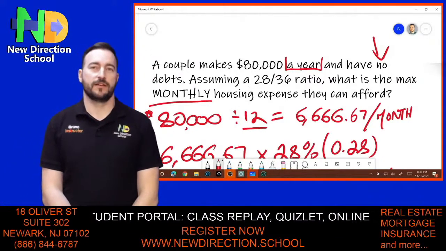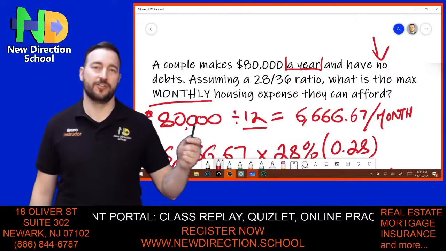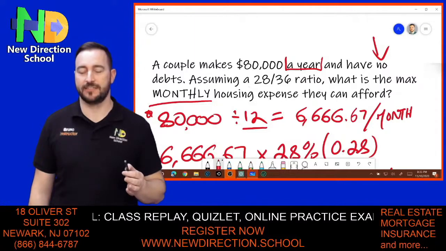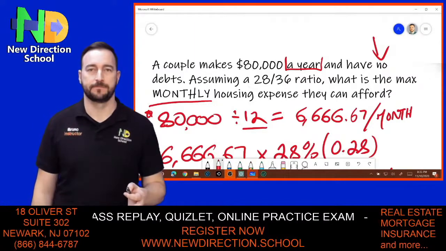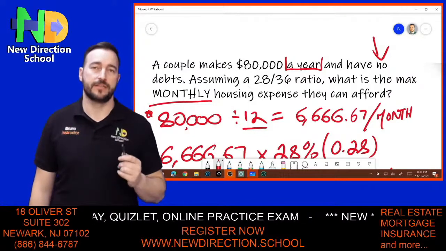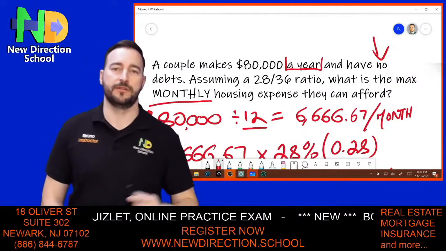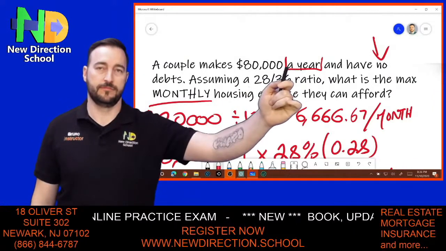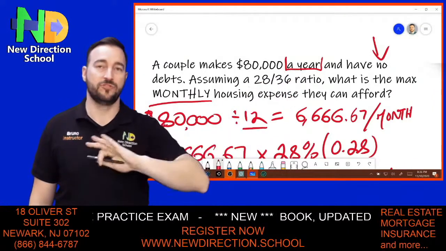So, what we had here, the key things to pay attention to, and guys, this is where we make mistakes in the state exam or the school exam, is not reading properly. Pay attention here with me. A couple makes $80,000 a year, right? They have no debts.